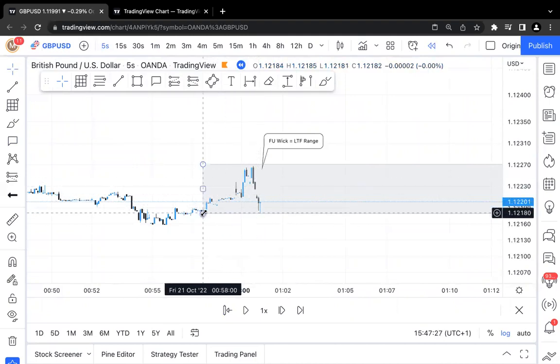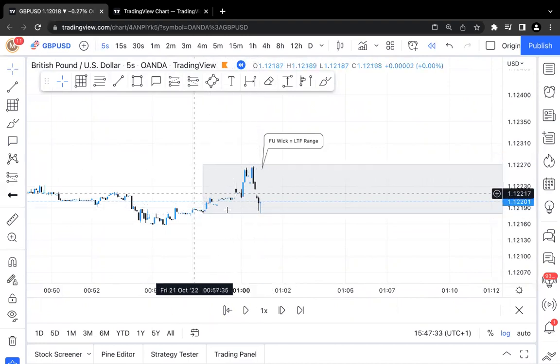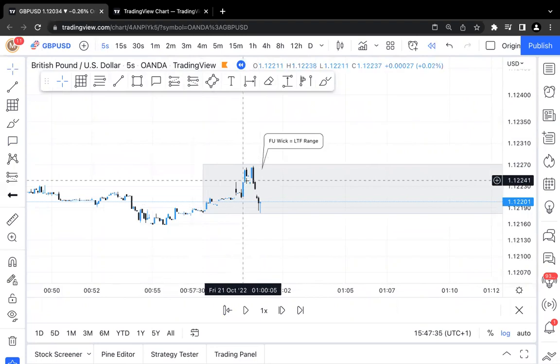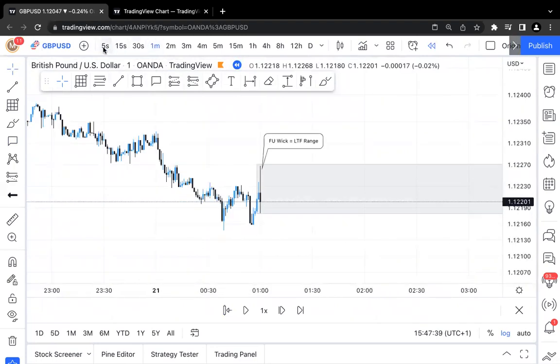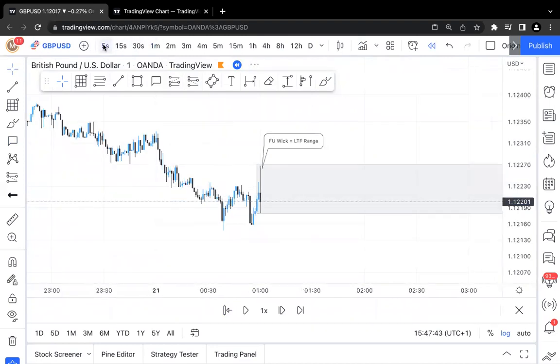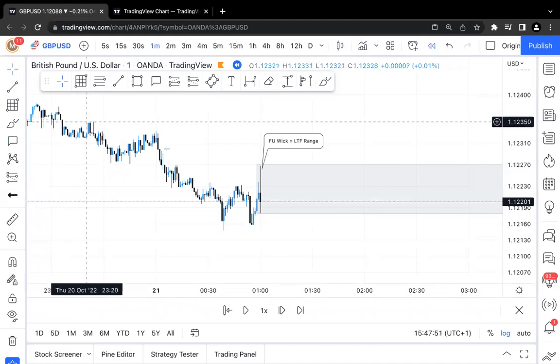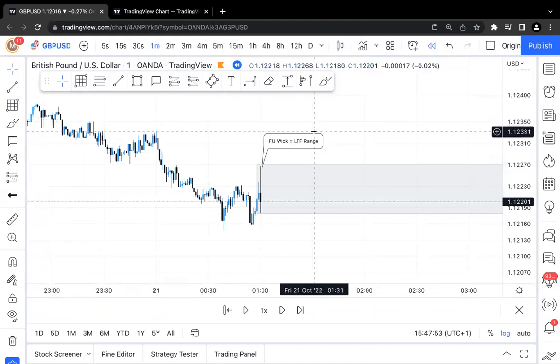We've got from this high to this low, to this high, to this low back again. That is a sideways move. So on the 5 second, that 1 minute FU wick moves sideways. Do you see that? An FU wick is a lower time frame range in the same way that the previous doji candle that we looked at on the 4 hour moves sideways as well.